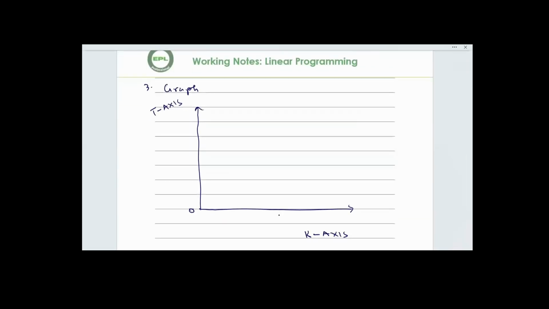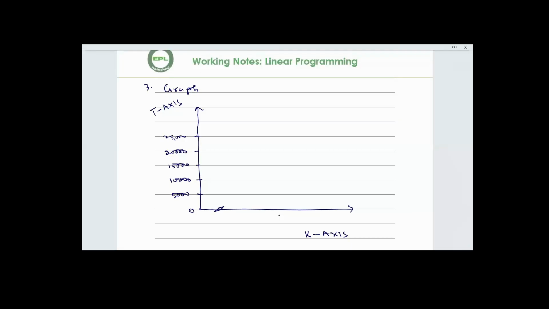Say, for example, this is 5,000, 10,000, 15,000, 20,000, then 25,000.